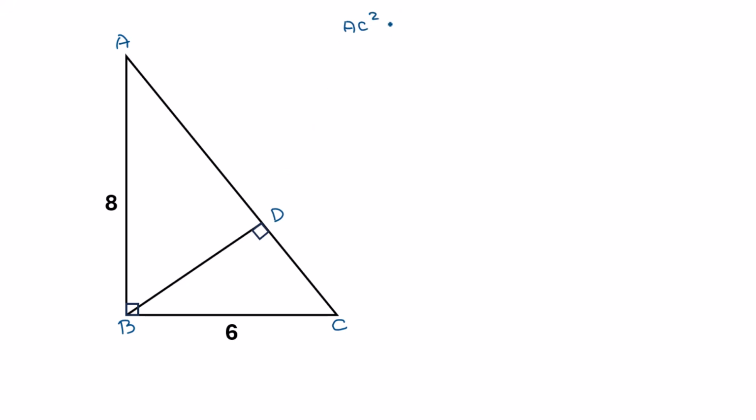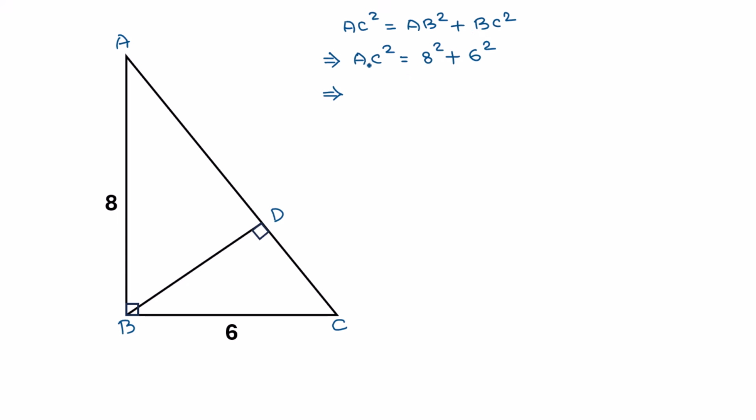AC square is equal to AB square plus BC square. Now substituting the values of AB and BC, we will get the value of AC. So AC square is equal to the length of AB, this is 8, so 8 square plus BC, this is 6, 6 square.